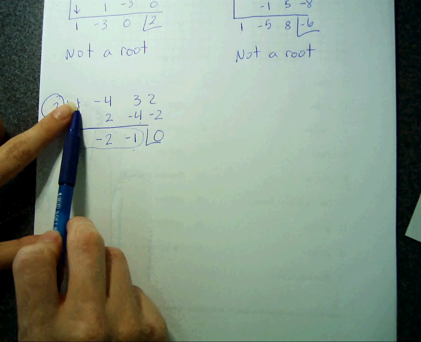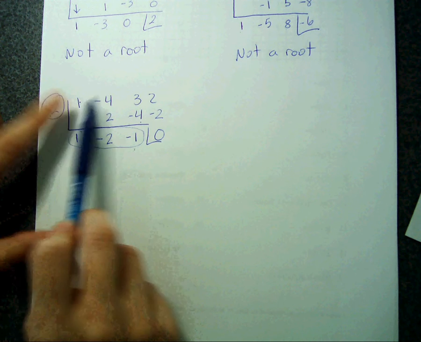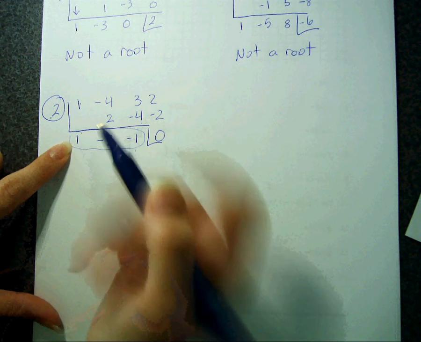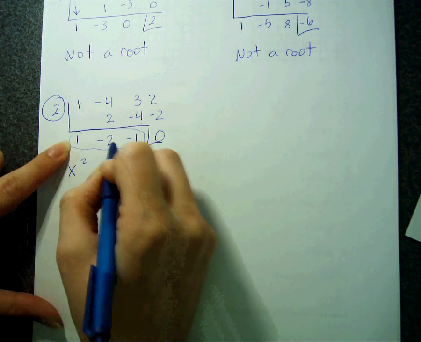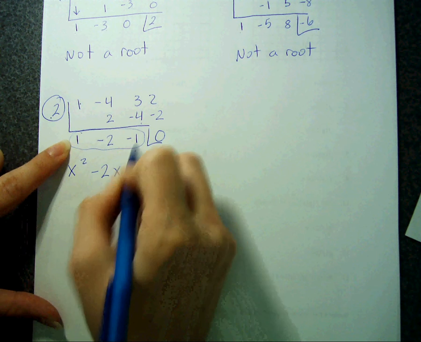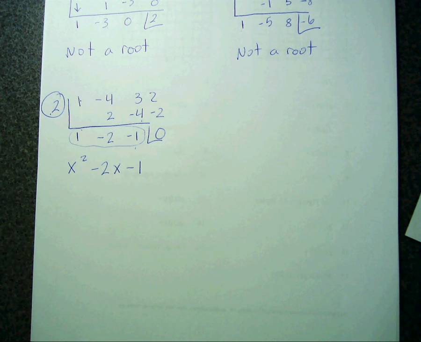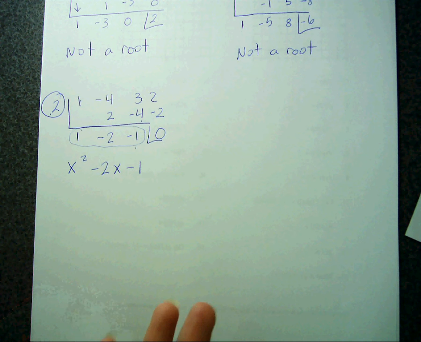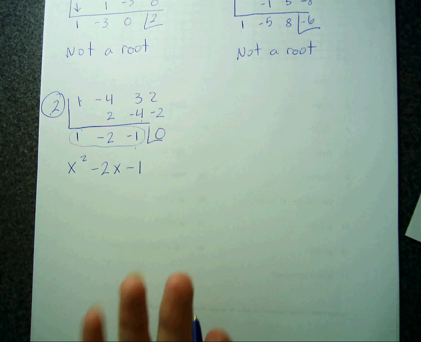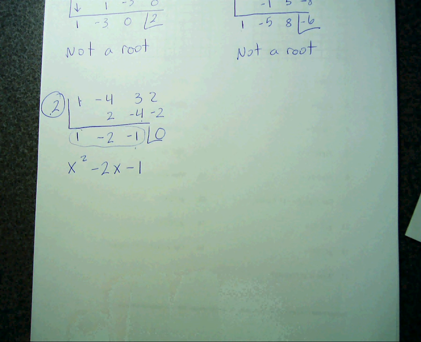So I started with x cubed, which means this function's been broken down into 1x squared minus 2x minus 1. I now have a quadratic. If it's factorable, I can factor this to find the other roots. If it's not, I can use quadratic formula, but either way, it's something that I can work with now.